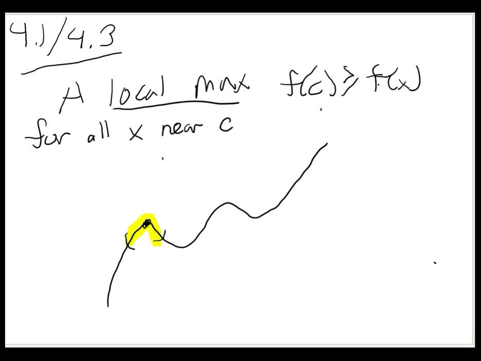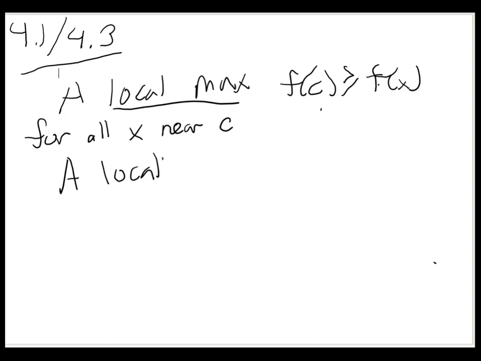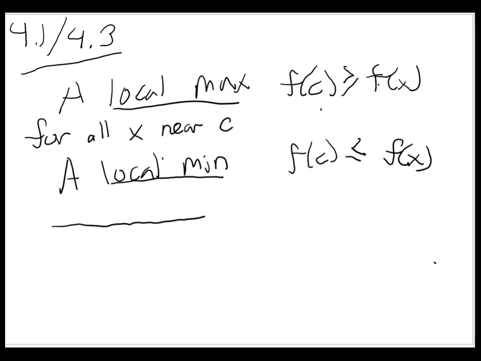But on that small little bit near C, it is. And similarly, you can define a local minimum, where you just flip the inequality, and still for all x near C.